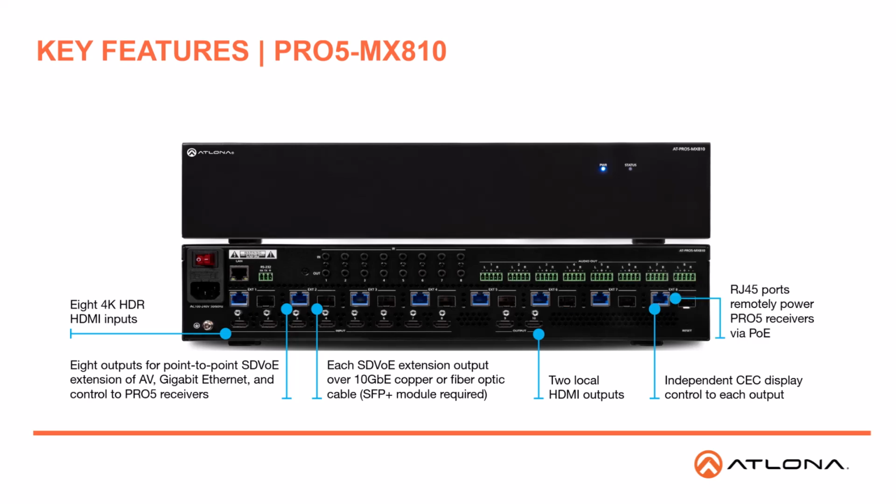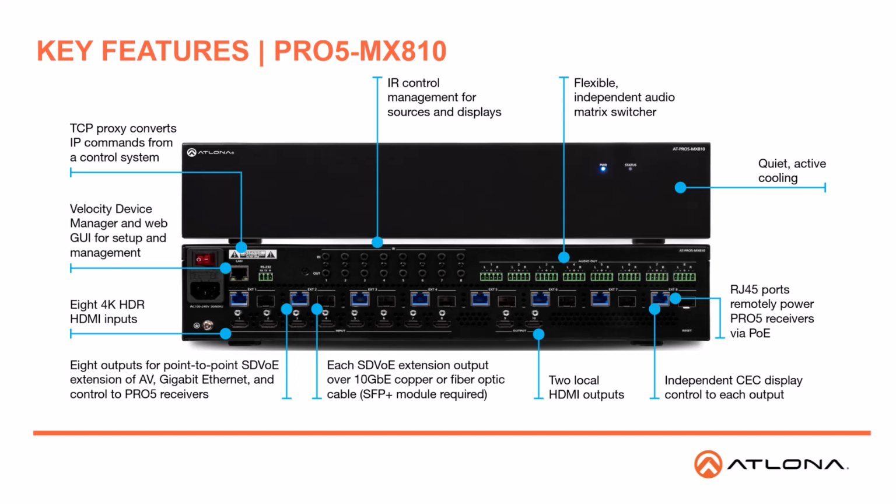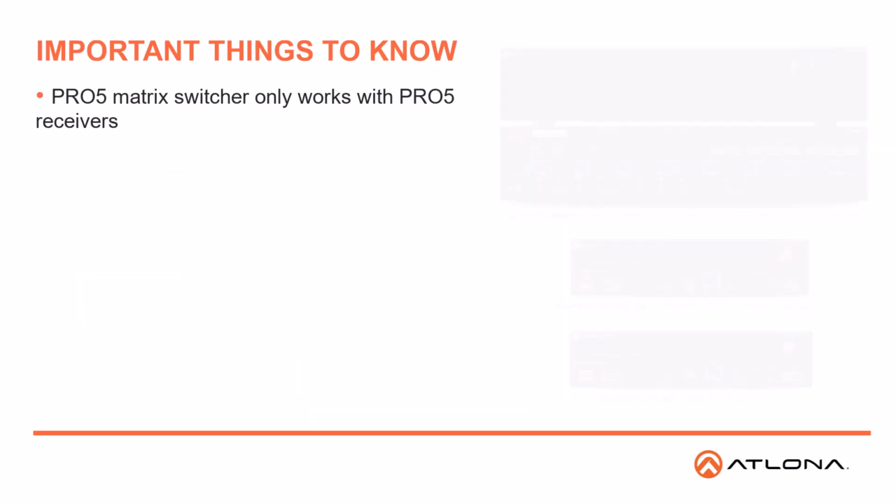This matrix switcher can remotely power Pro5 receivers over copper. Quiet, active cooling. Independent audio switching and audio breakaway. IR control management for sources and displays. TCP proxy for direct IP integration with a control system. Velocity Device Manager or Web GUI for setup and management.